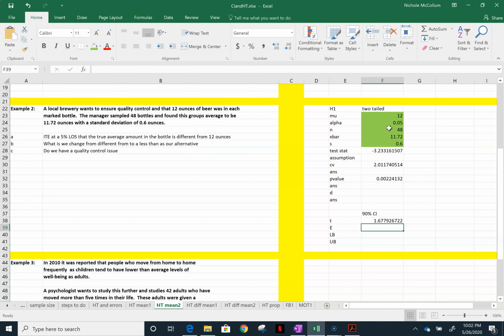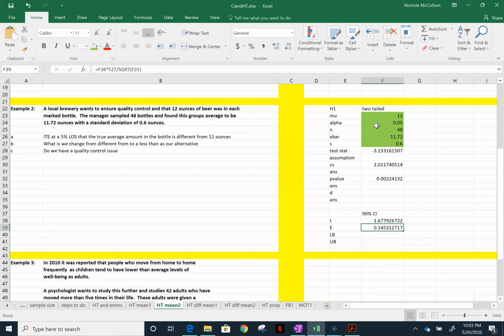What is the error again? Well, the error, my friends, is your T value times the sample standard error divided by the square root of your sample size. I want to be very clear and articulate in the number I want. That is your error. The back end of the confidence interval is always your error.